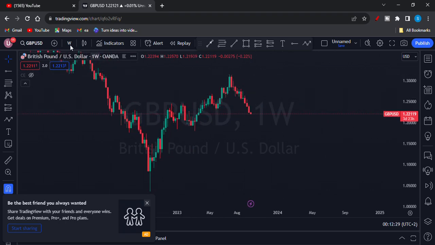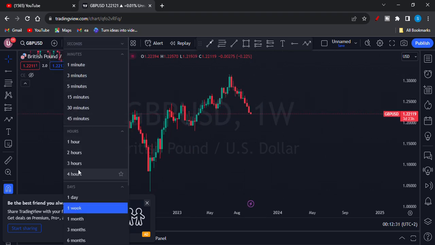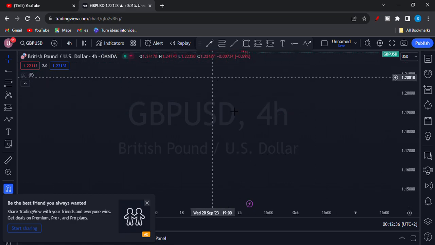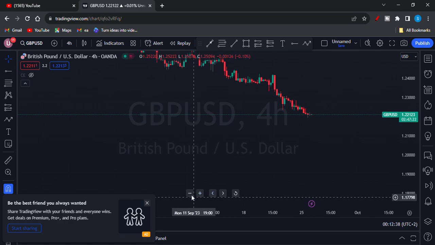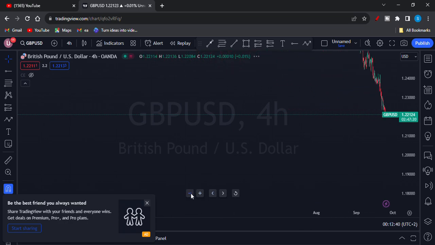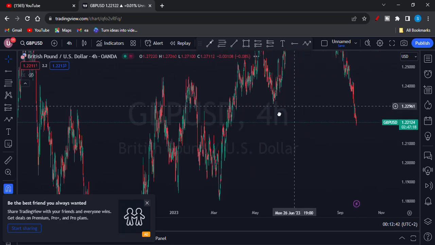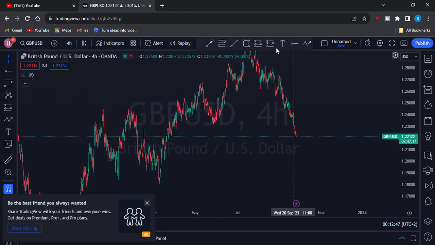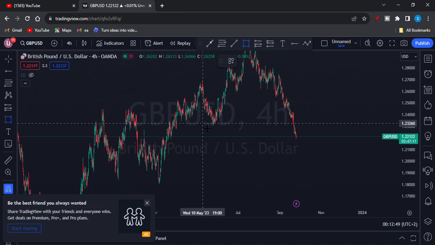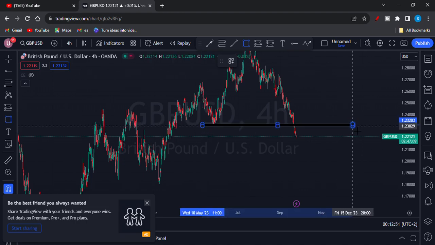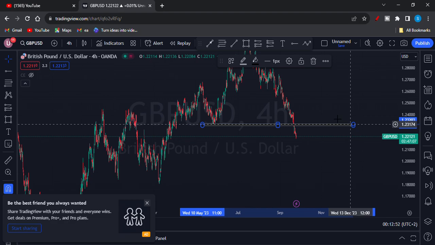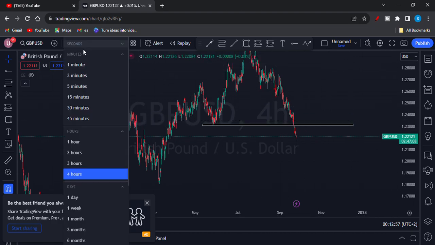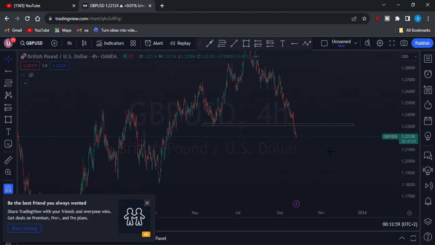And then let's go to 4-hour. And then let me just do this. So on a 4-hour, we have this zone here around from here, and then let me just go to hourly.